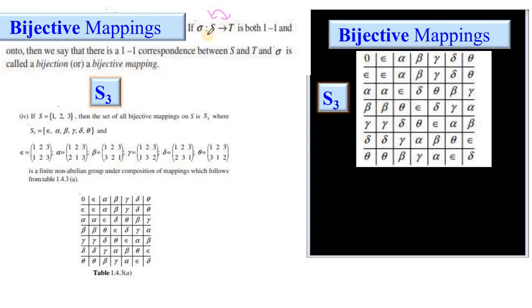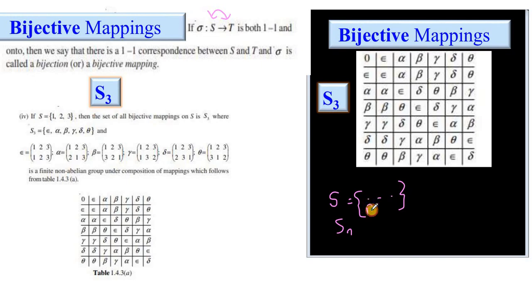And when we have S to be a set consisting of a finite number of symbols, then in that case we say that S suffix n is the collection of all permutations on n symbols.